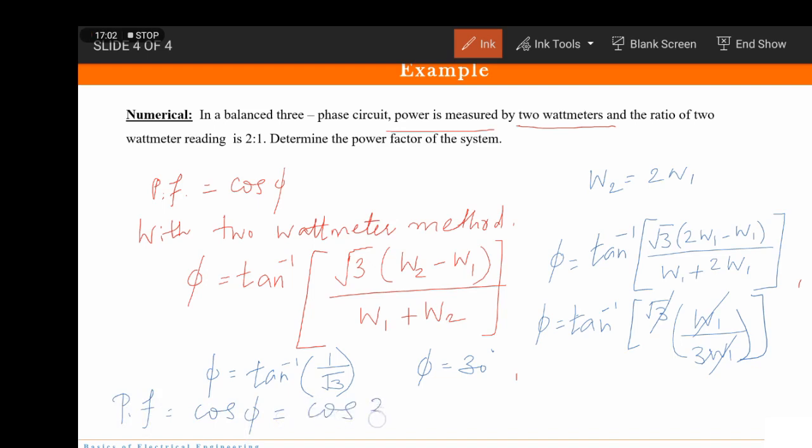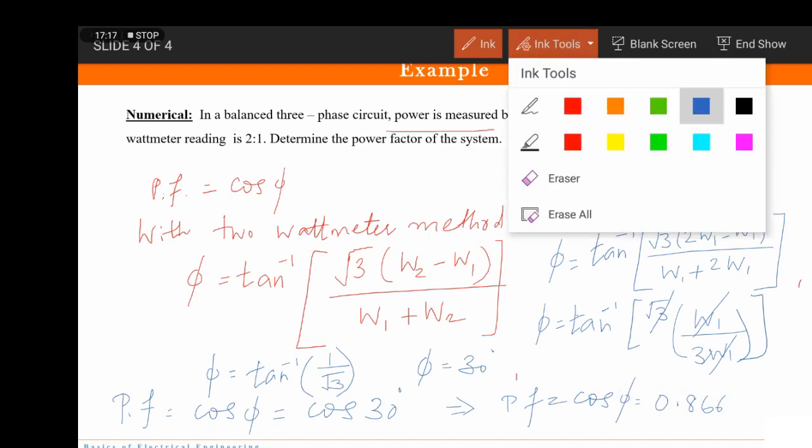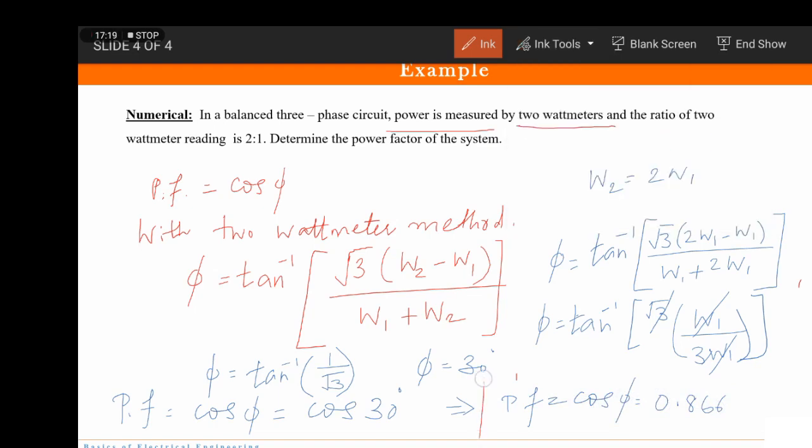So cos 30. Fine. So in turn I get power factor, which is cos phi, and cos 30 value comes out to be 0.866. Okay. So this is the answer. Fine. I hope you understood. So with this we end today's lecture. Thank you.